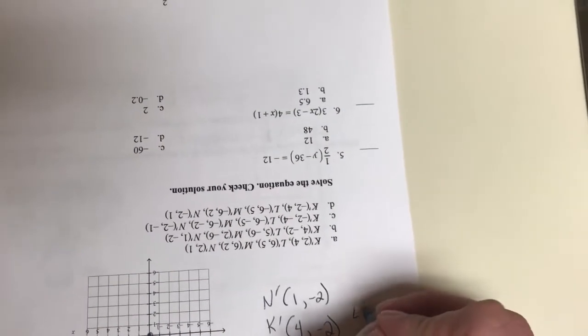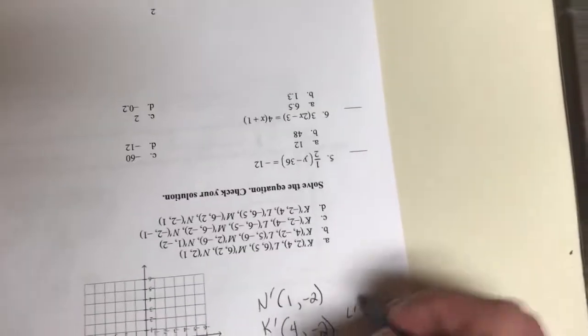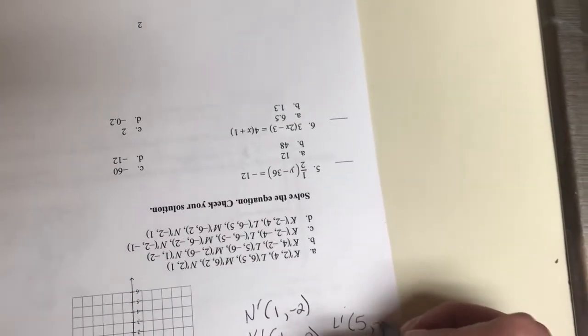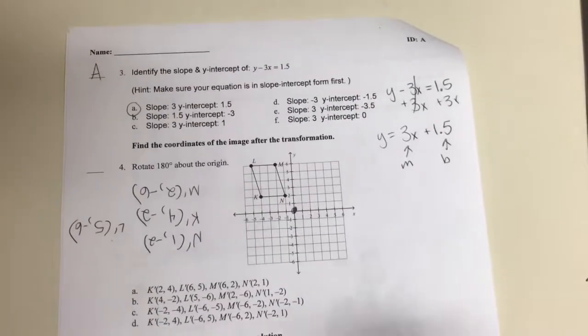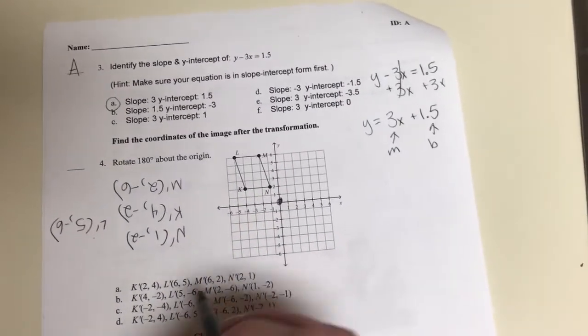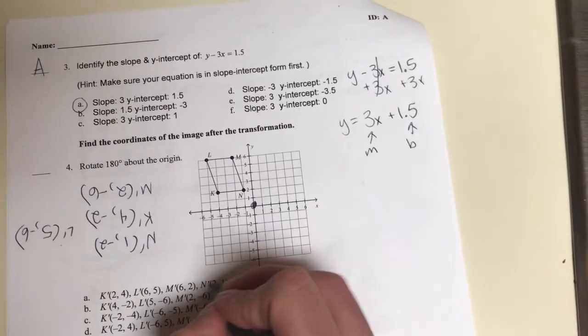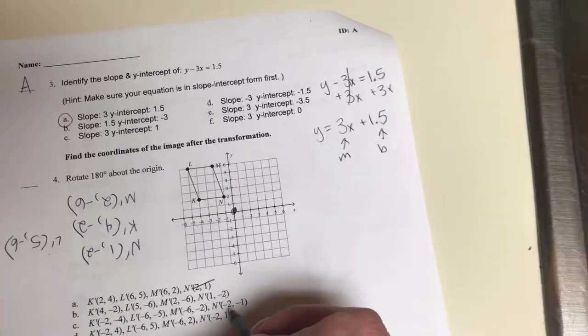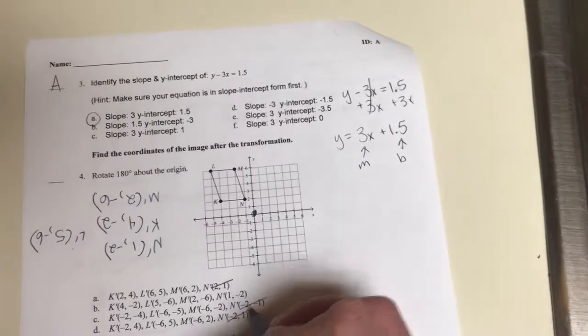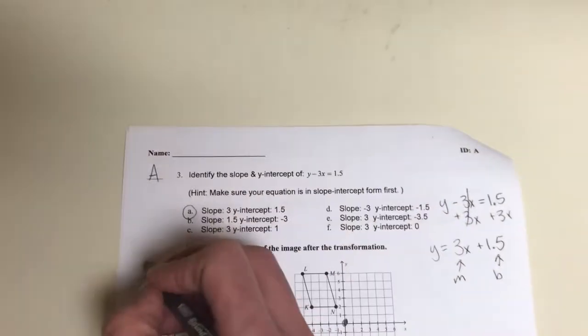And L prime appears to be right 5, down 6. So positive 5, negative 6. Time to read upside down. N prime is 1, negative 2. So let me see. N prime 1, negative 2. Nope. 1, negative 2. Yep. Nope. It's B. Stop A.